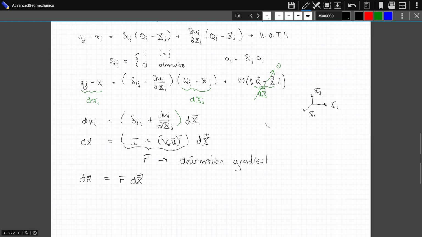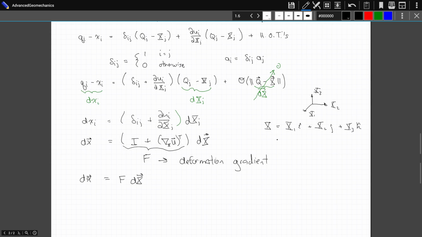So big X, if we wrote it out in vector notation, would be x1, and you might be more used to from physics or an undergraduate statics or dynamics class, using I, J, and K for unit vectors. So x2 j hat plus x3 k hat.